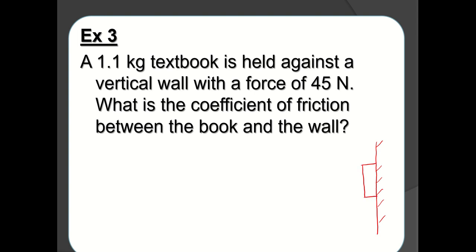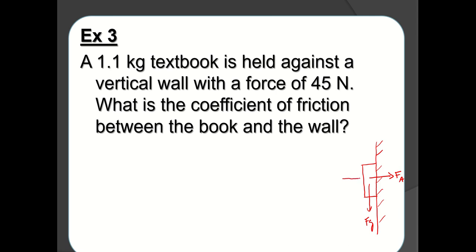So let's take a look at what forces are acting on it. Of course, gravity is acting down. We're going to have our applied force. In this case, you're pushing the book against the wall, so the applied force is actually this way. This is our FA, because you're pressing against the wall. Perpendicular to the wall is our normal force.